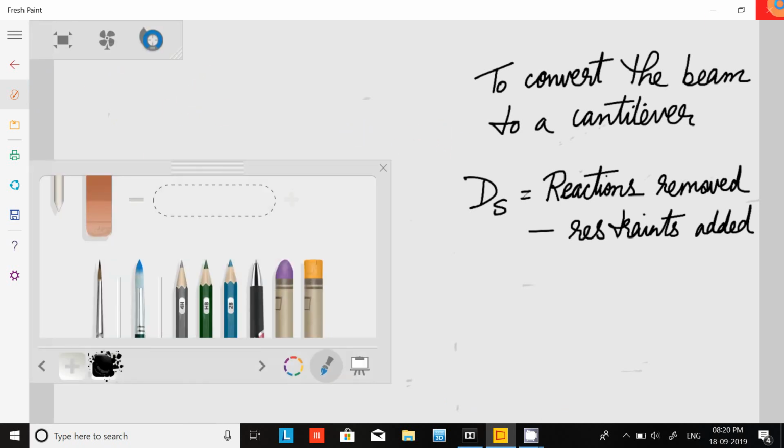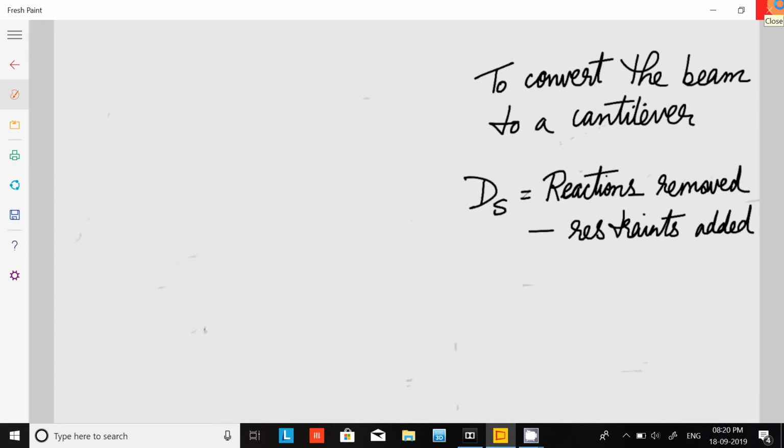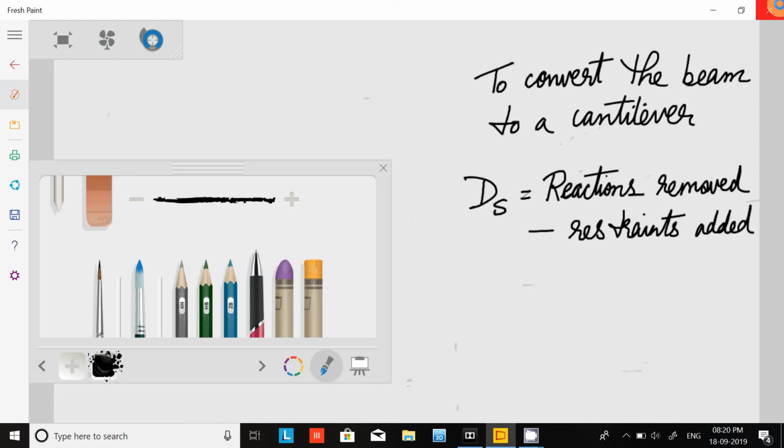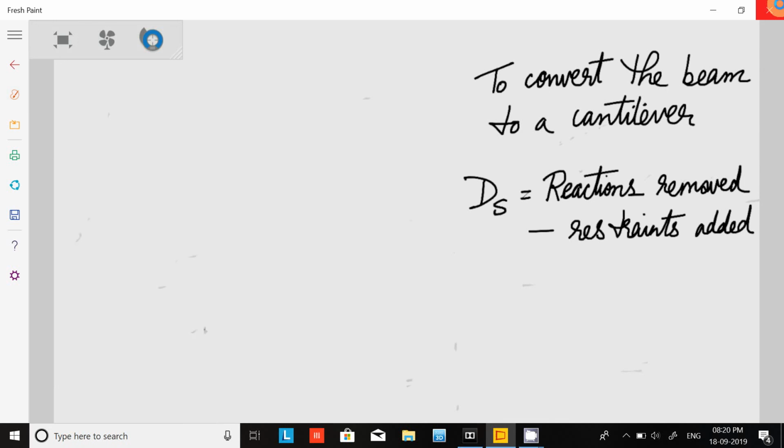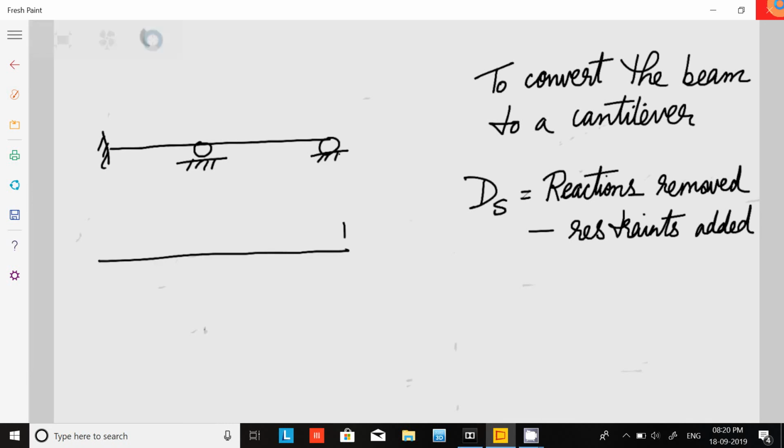If we consider the initial problem itself, let us convert it into a cantilever like this. We are not considering the cantilever fixed support at this end, we are considering it here.